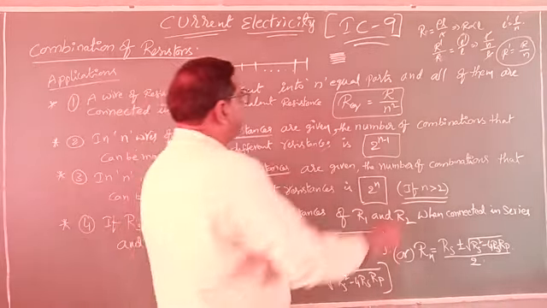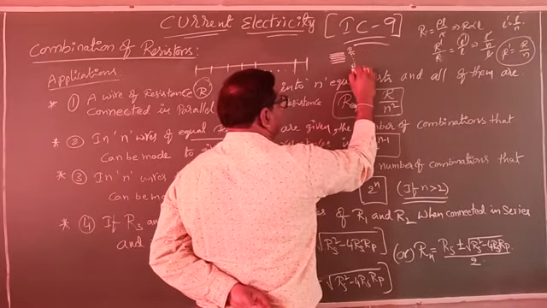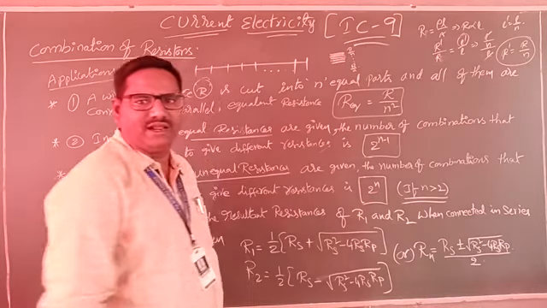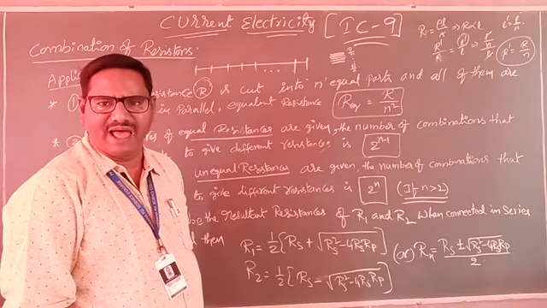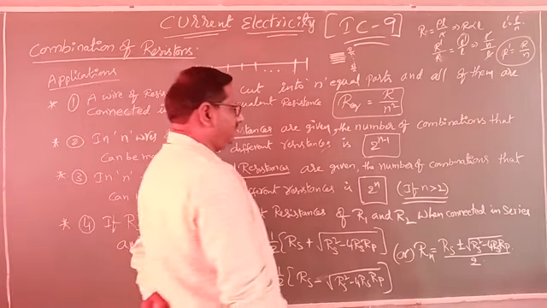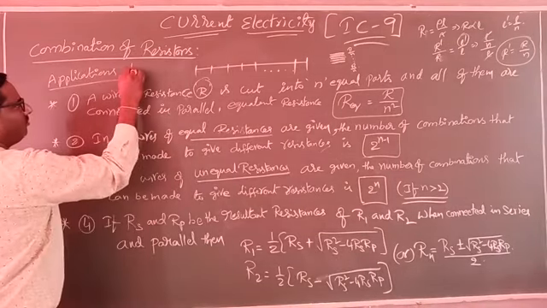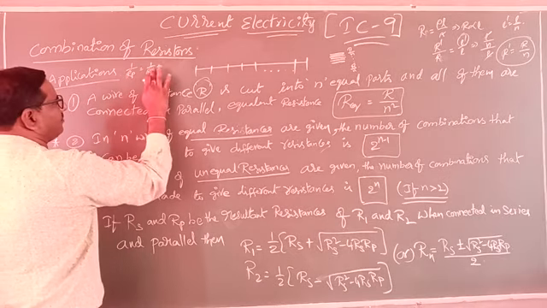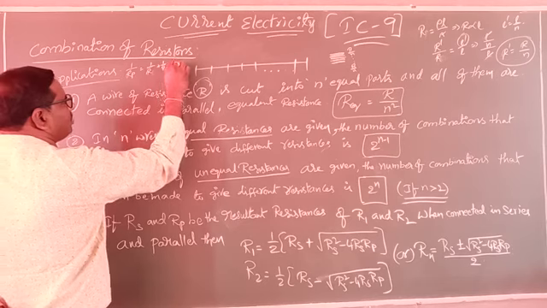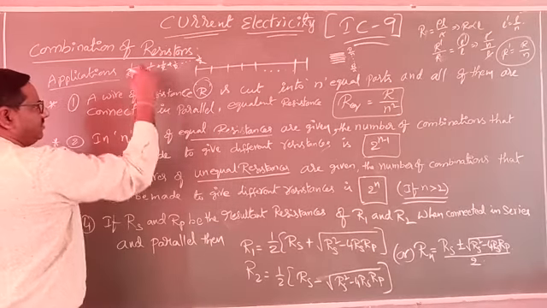Now that R by n, the first wire R by n, R by n, R by n, and so on, are connected in parallel like this. For n identical resistances connected in parallel, we already discussed previously: 1 by Rp equals 1 by R plus 1 by R plus 1 by R, like that n terms.